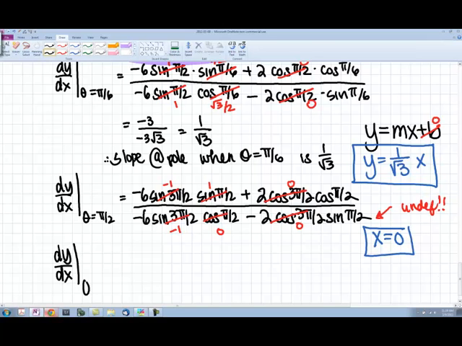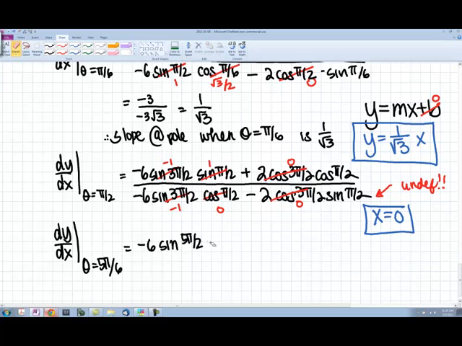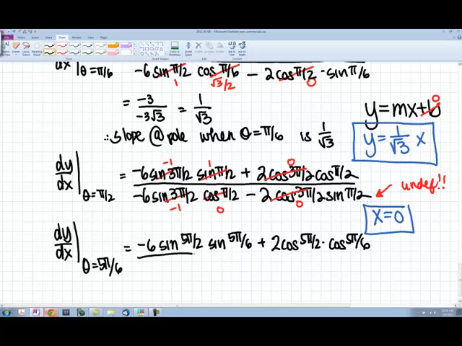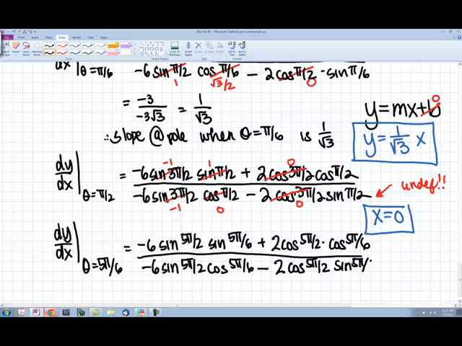So then we'll do the very last one, calculating the slope at theta equals 5 pi over 6. So we'll have negative 6 sine 5 pi over 2, sine 5 pi over 6 plus 2 cosine 5 pi over 2 times cosine 5 pi over 6, all over negative 6 sine 5 pi over 2 cosine 5 pi over 6 minus 2 cosine 5 pi over 2 sine 5 pi over 6.